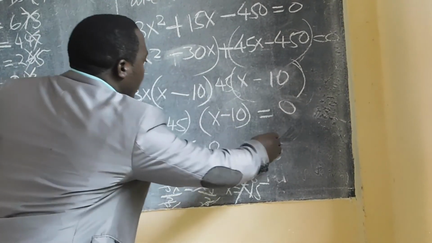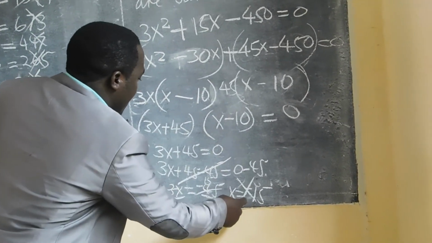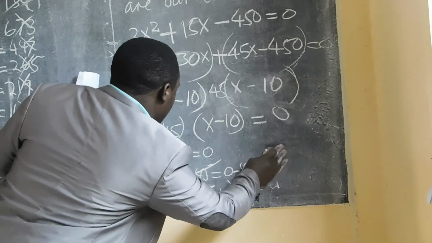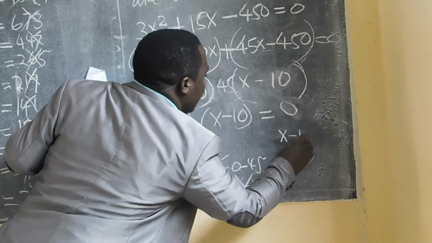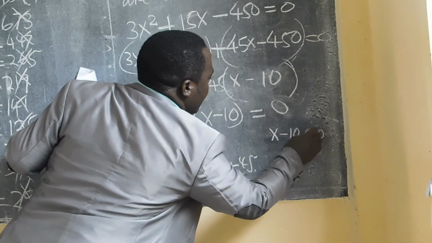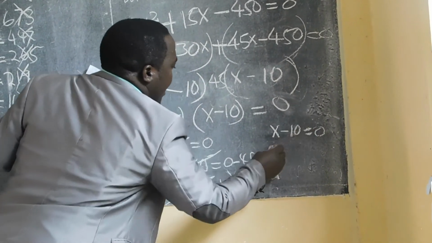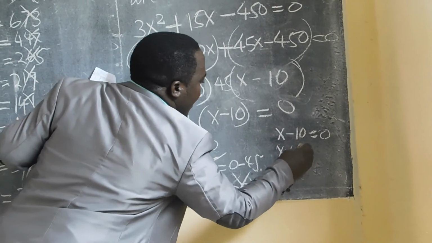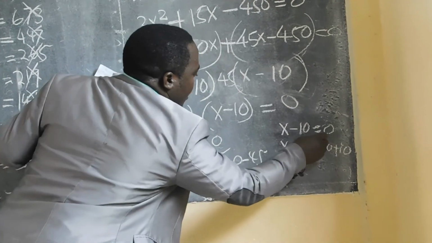Then we go that this does not give the actual value. So we go to the other decision. x minus 10 is equal to 0. We add 10 both sides. x minus 10 plus 10 is equal to 0 plus 10.